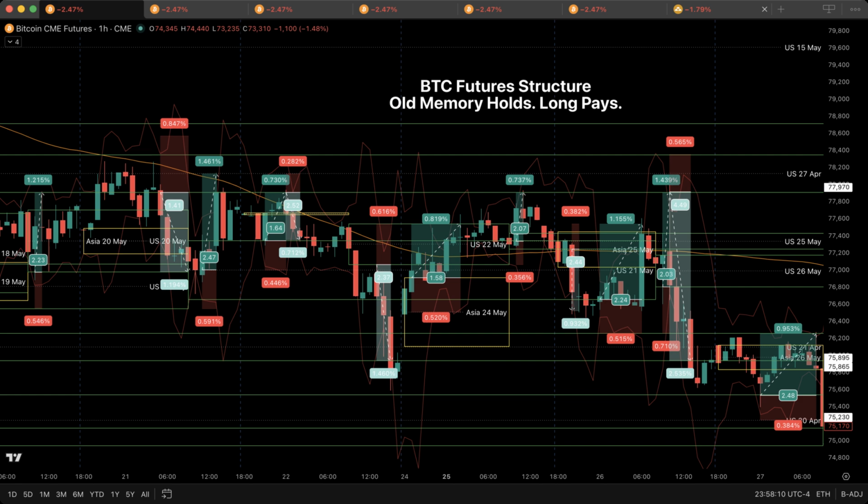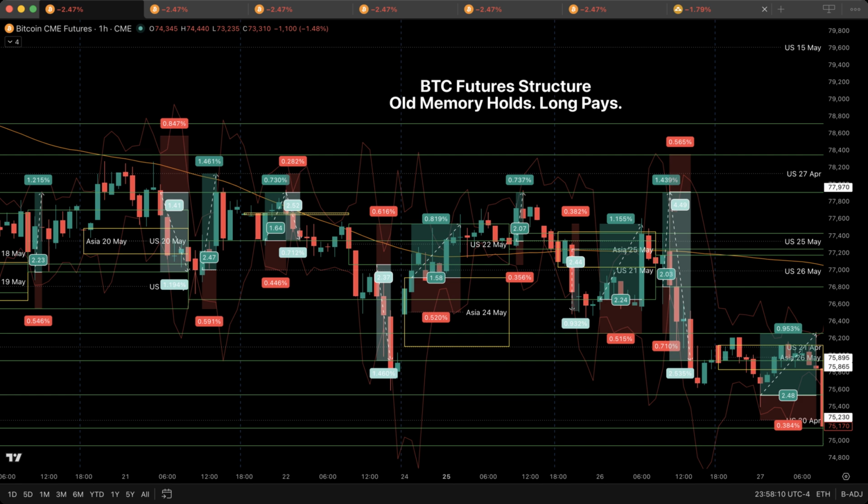The target sits at April 21st US session upper boundary. That is where the move can complete. Price is moving from one old US memory toward another old US memory. That is the structure. The target is not chosen because it looks far. It is chosen because price has a reason to react there.